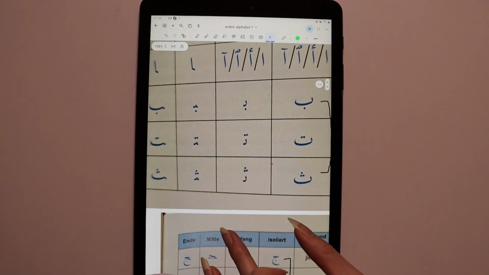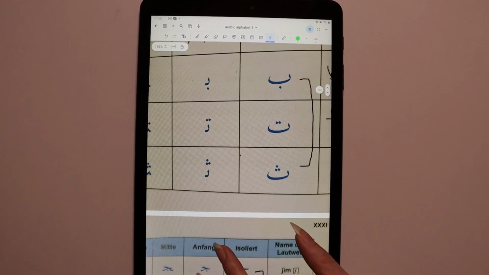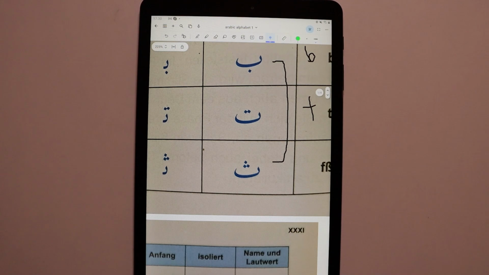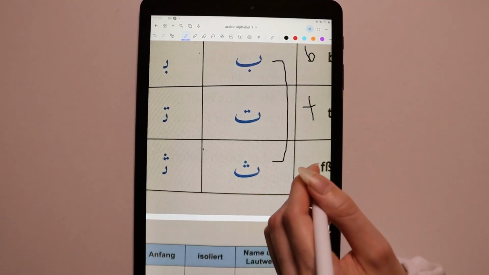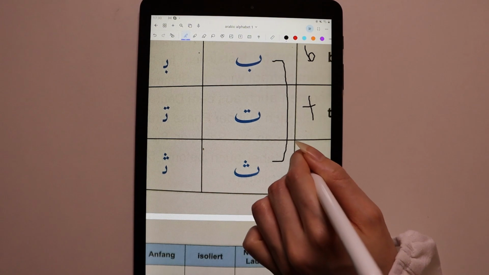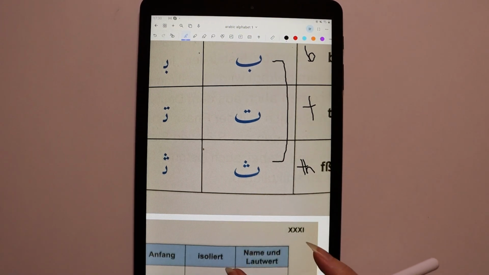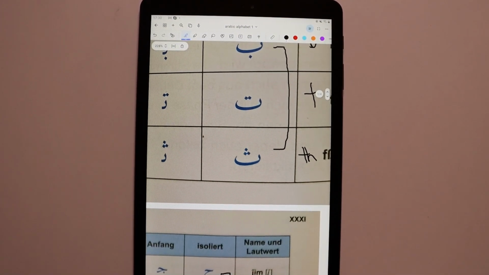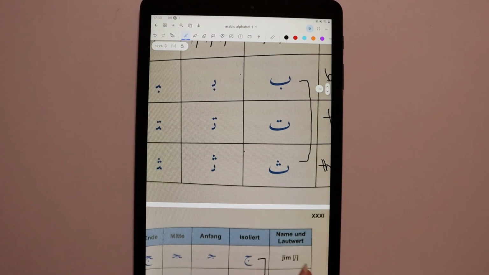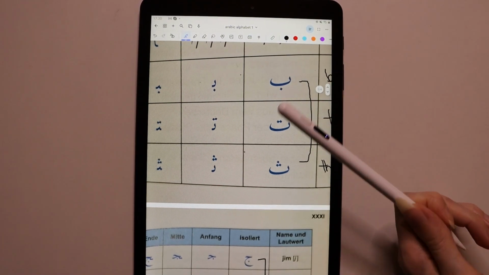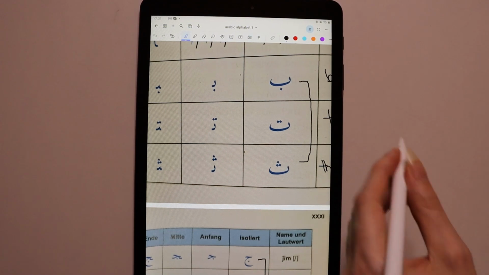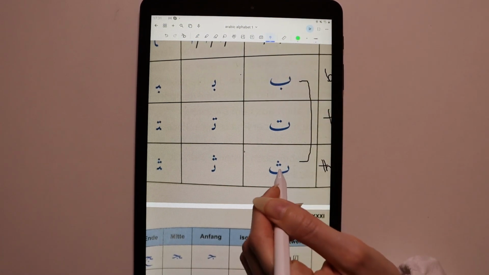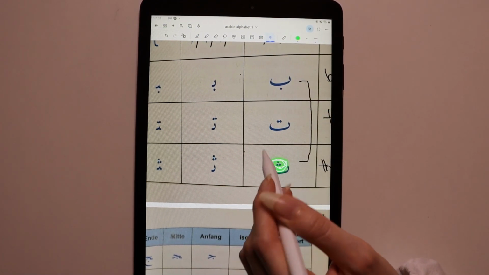Then we have the fa, and the fa is like a TH sound, I would say, in English. It looks exactly like the ba and the ta, but the difference is that it has 3 dots on top of it. 3 dots, and not just 2.